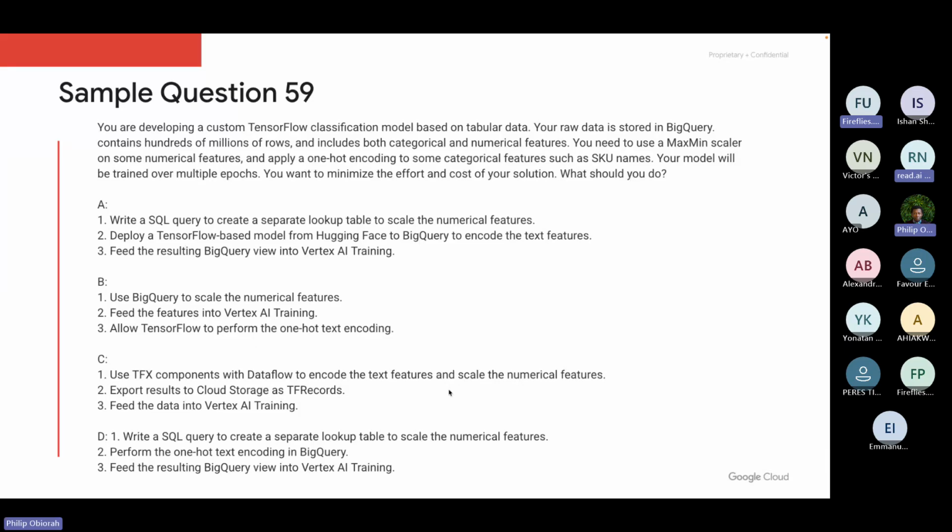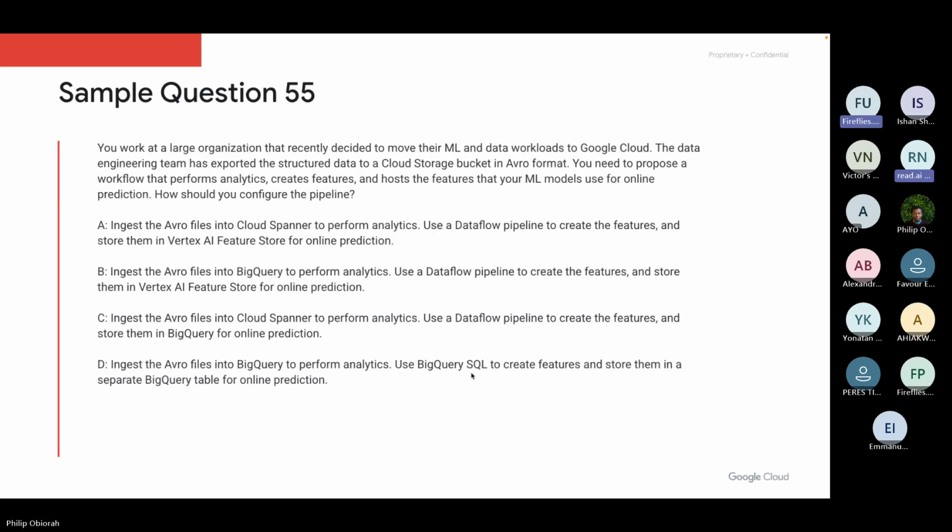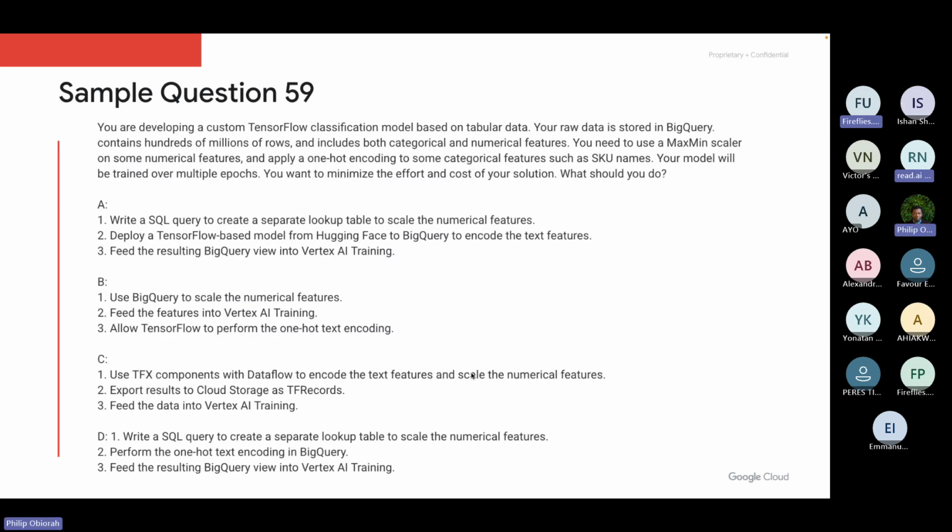Does anyone have any objection, or do we proceed? One question: when we use BigQuery for training, if training reads from BigQuery, like each epoch, we need to pay repeatedly for this.